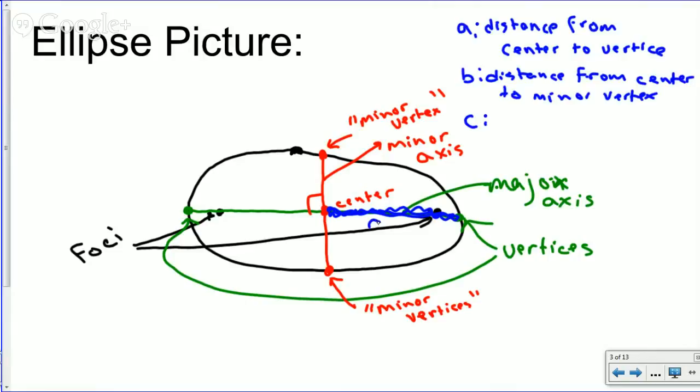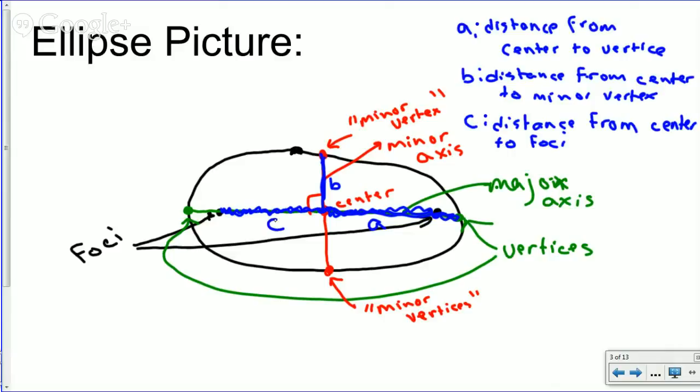So this was A, and from here to here, it's going to be B. And then the only other measurement that we really want is the distance from center to foci. So this distance right here is C.